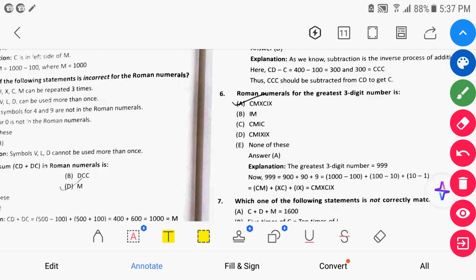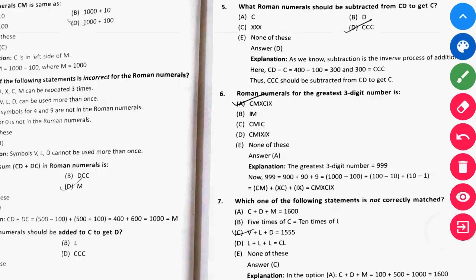Now, the Roman numeral for the greatest 3-digit number. The greatest 3-digit number is 999. Now it is represented as 1000 minus 100, 100 minus 10 and 10 minus 1.